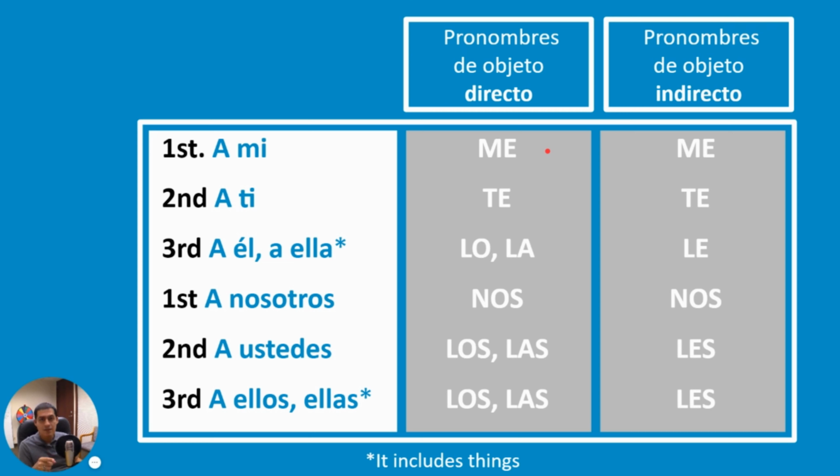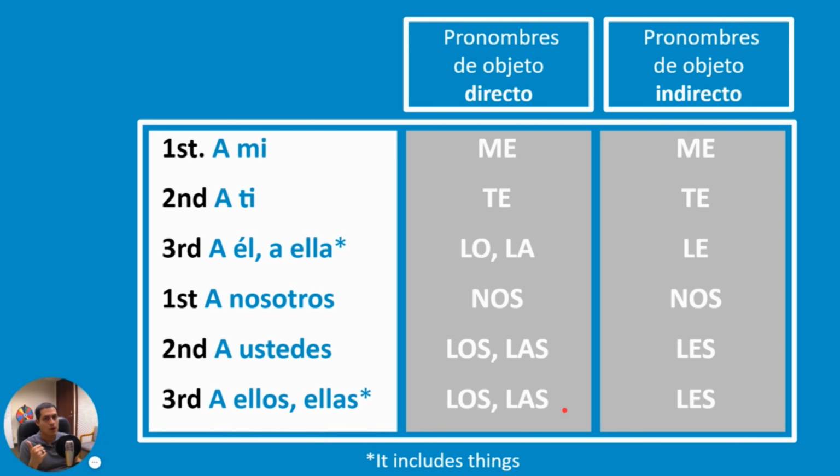A ti, to you, we will use te. A él, a ella, to him, to her, or even to it, we will use lo and la. To us, a nosotros, nos, a ustedes, to you guys, los, las, and to them, a ellos, a ellas, los and las as well.